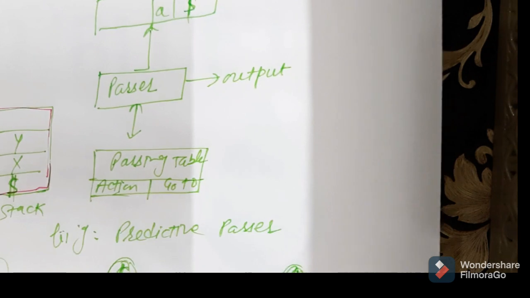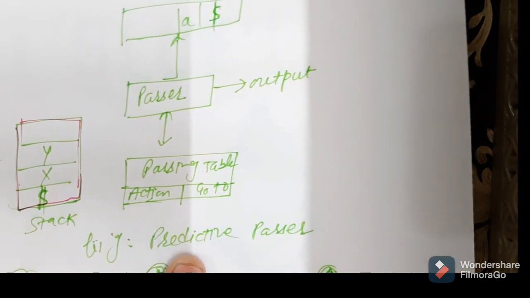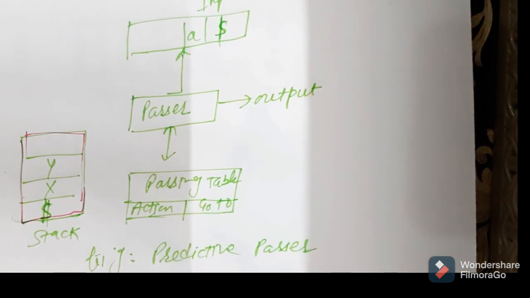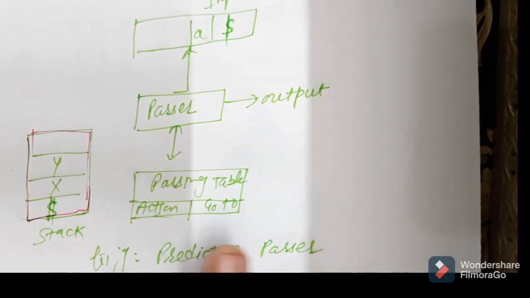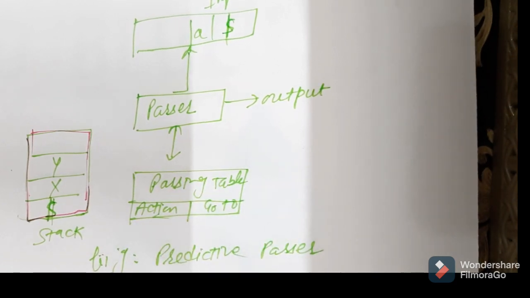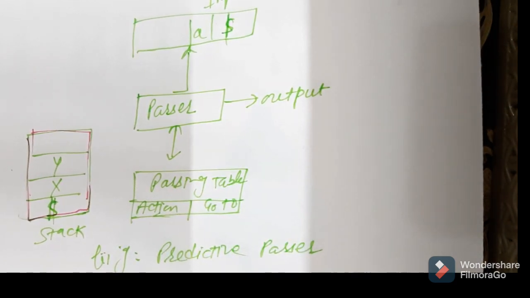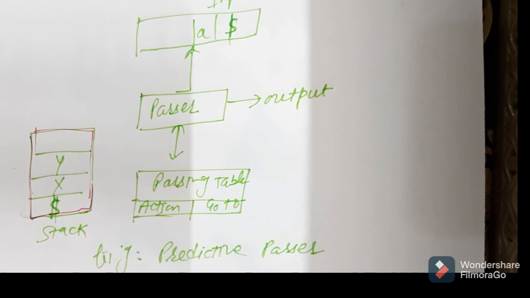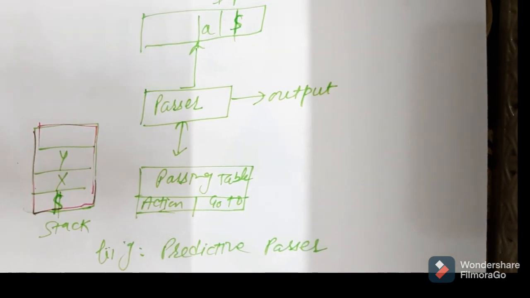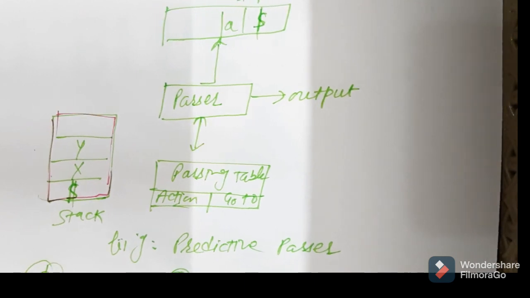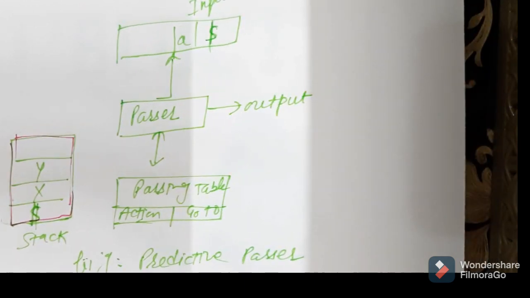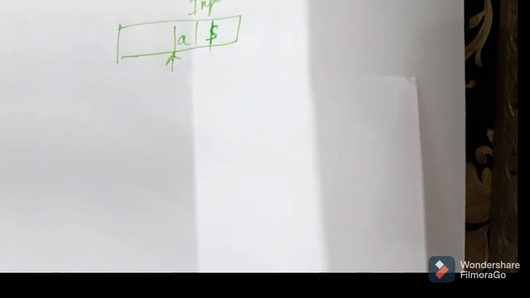This is non-recursive predictive parser, which is using a table, input, and stack, and after using the parsing table, it produces the output. Output will be the parse tree, and the string will be scanned, and it will show acceptance, whether the string is accepted or not.